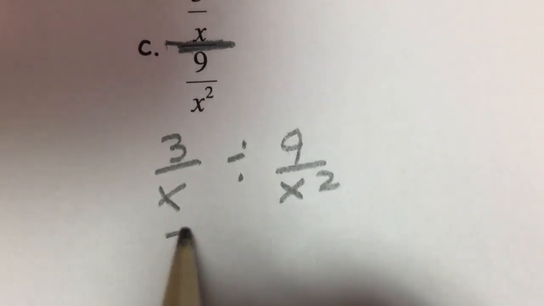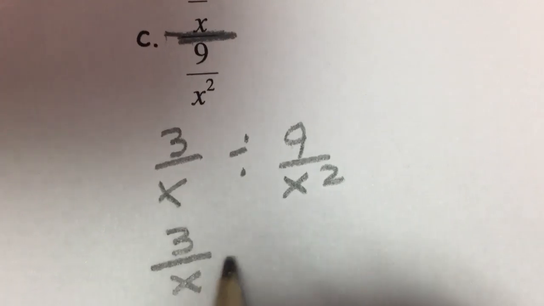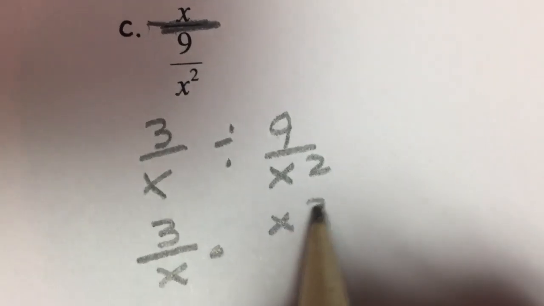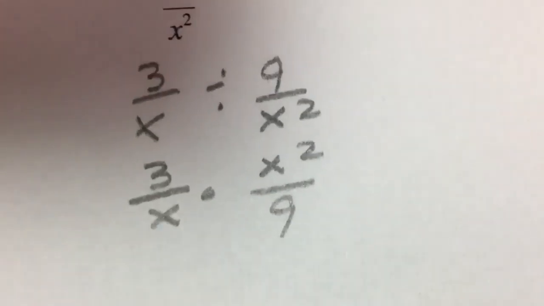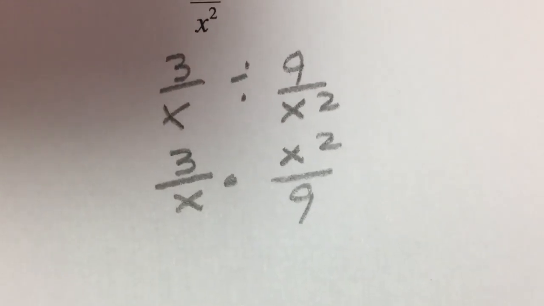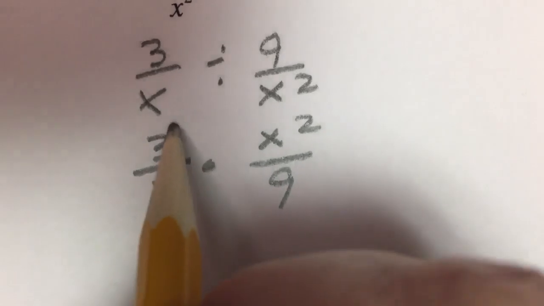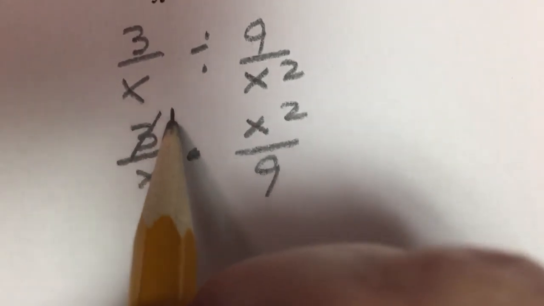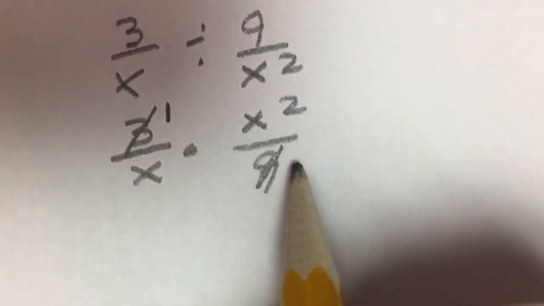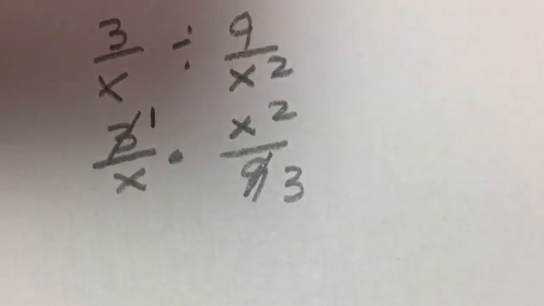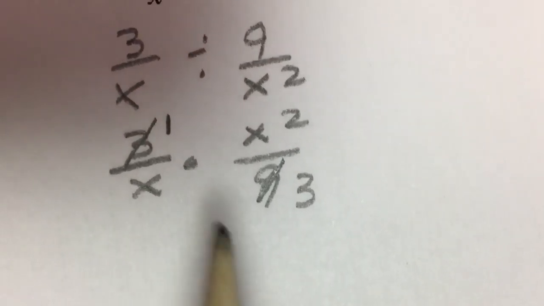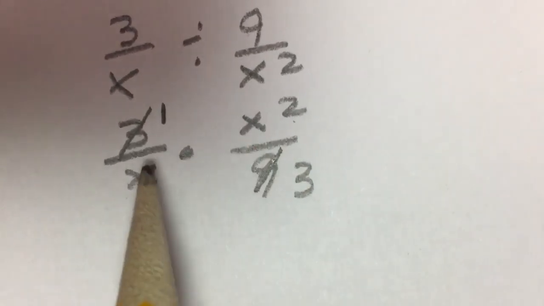Well, remember, when you divide, you flip the second fraction and you multiply. So it would look like that. Well, what can I cancel? Number-wise, I'm looking at the 3 and the 9 because 3 divides into 3 once, and 9 divided by 3 is 3. Now remember, I can also cancel these variables.